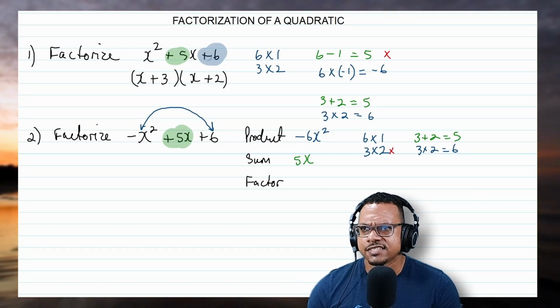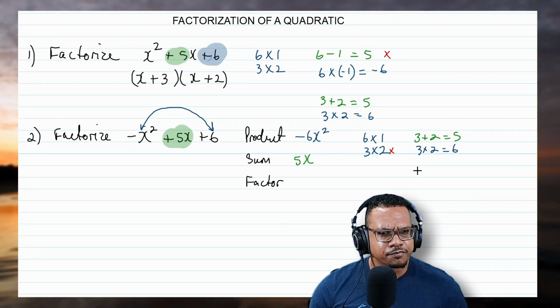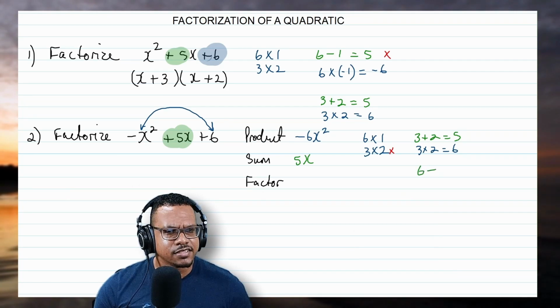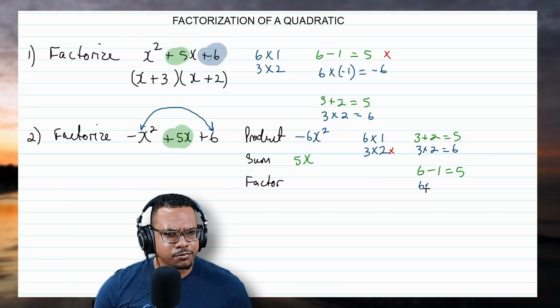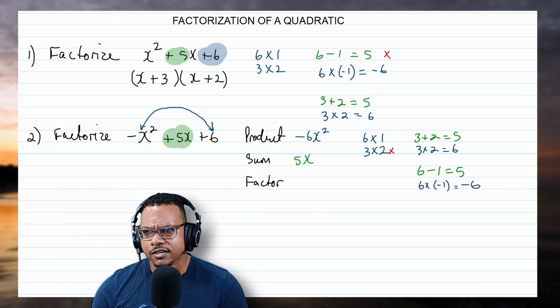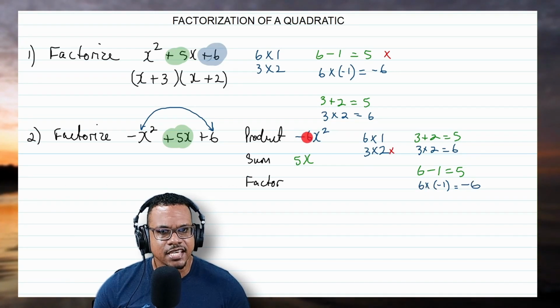All right, so let's check the 6 and 1. We're going to have 6 take away 1, which is positive 5. And then we're going to have 6 multiplied by negative 1, which is negative 6. So you can see here that, yes, we get the positive 5 that's here, and when we multiply, we get the negative 6 that is here.